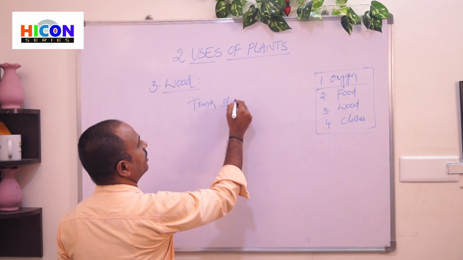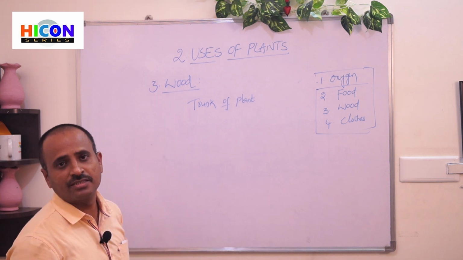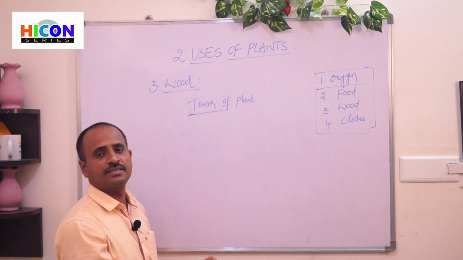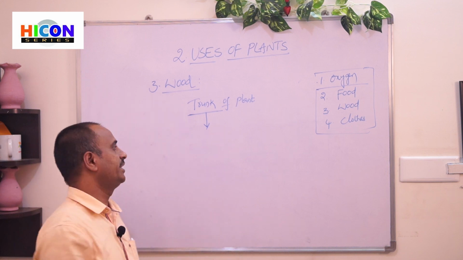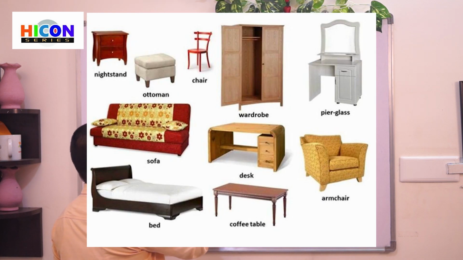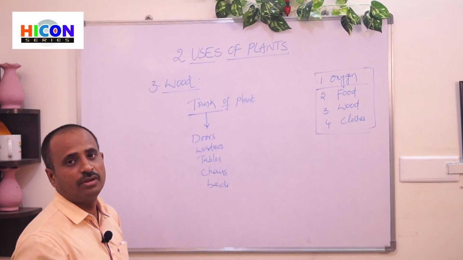We cut the trunk of the plant into pieces, and we can make different types of furniture items, for example doors, windows, tables, chairs, and beds. These are the examples of items which are made up of wood.